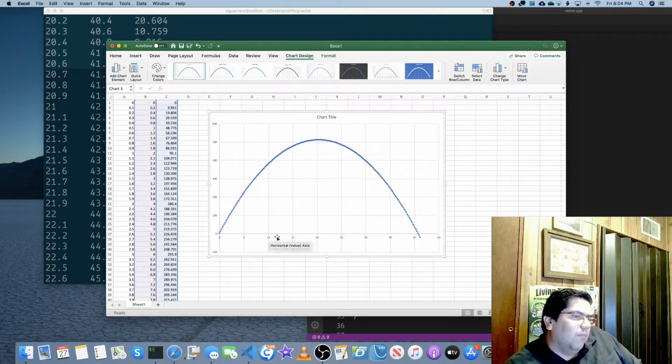So I can pretty much say that the maximum height is gonna be around 500, yes, and it's gonna be around 20.6 seconds. Then when it goes down again, it's gonna be at a horizontal distance of 40.